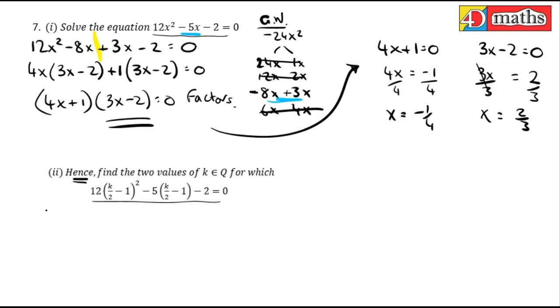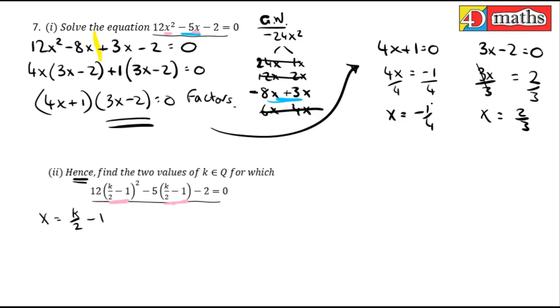So the difference between them is x is equal to k over 2 minus 1. That's the only difference. So the x squared is being replaced by this, and the x is being replaced by this. Everything else is exactly the same.